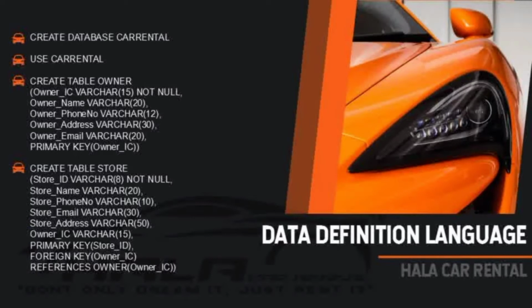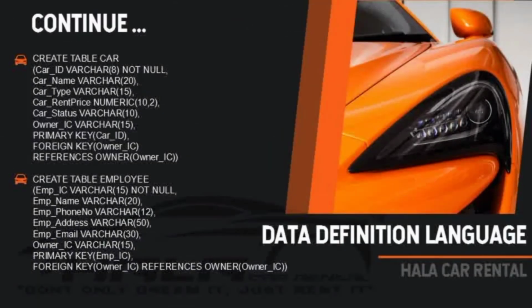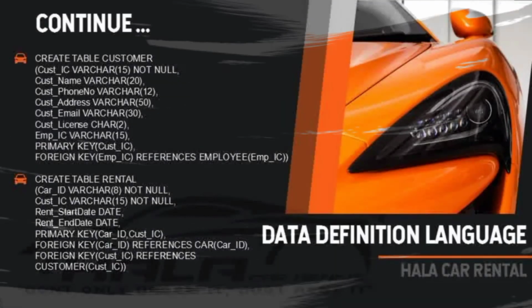Next, as we look at the store table, note that referential integrity has been enforced by specifying a constraint called foreign key owner IC. In order to use a foreign key constraint in MySQL, notice that the owner IC column is first indexed. This foreign key ensures that you cannot delete an owner from the owner table. This also applies to other tables, even with different primary keys and foreign keys.